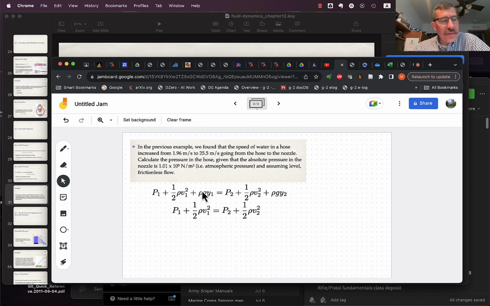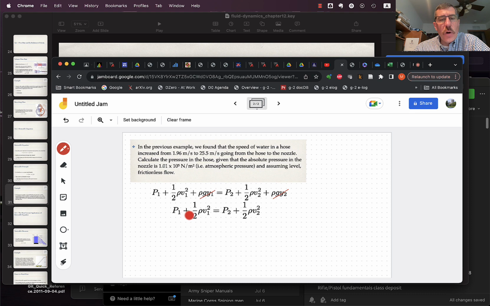As with most fluid dynamics problems, we're going to start with Bernoulli's equation, but conveniently, the height doesn't change, which means our rho g y terms are the same on both sides. They go away, and we're left with Bernoulli's principle, which is the second equation down here. Again, we have to decide what the ones correspond to and what the twos correspond to.